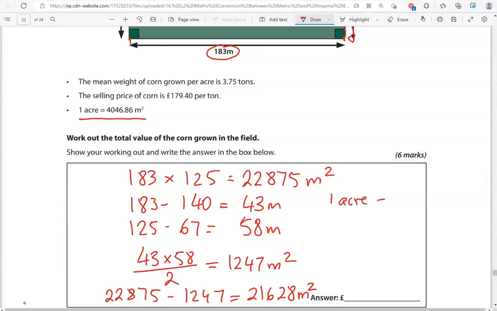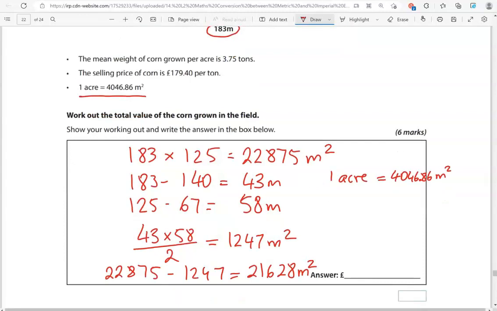One acre is equal to 4,046.86 square meters. So what about 21,628 square meters? What's that equal to in acre?